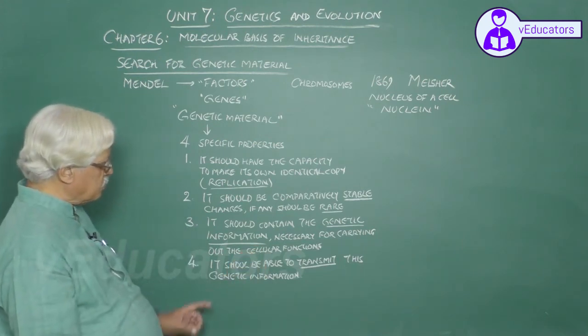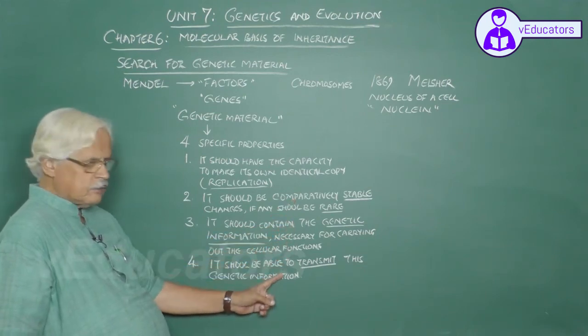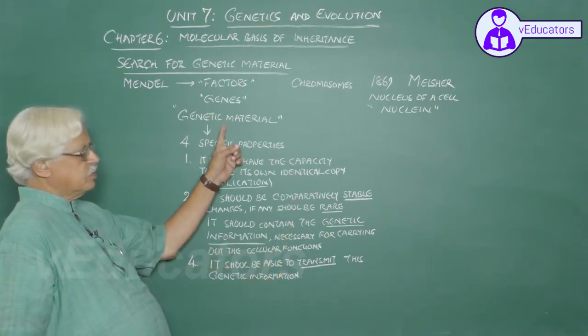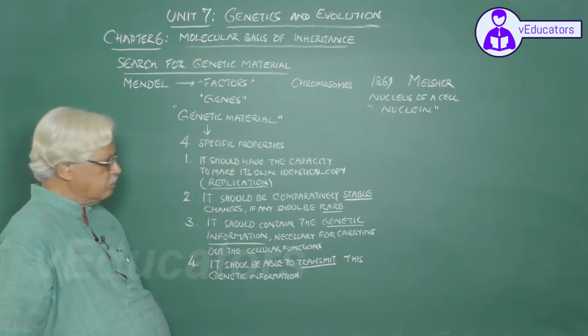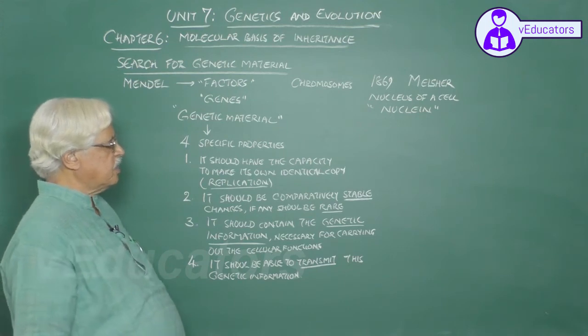So any substance which can satisfy these 4 conditions can function as a genetic material. This was the idea working in the minds of scientists.